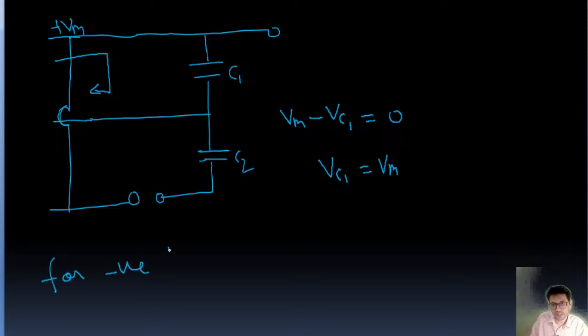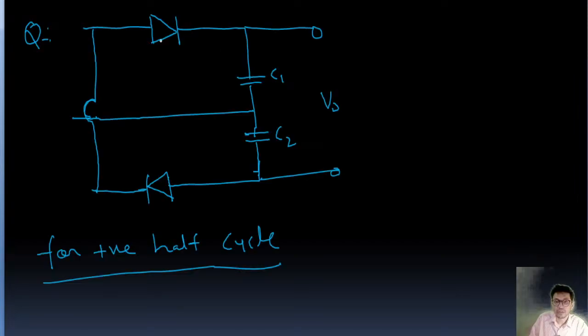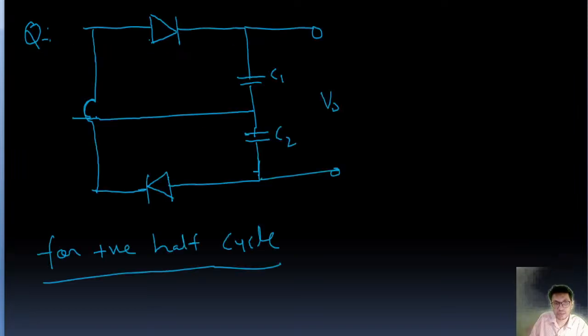For negative half cycle, you can see negative is given, so this is going to be reverse bias and this is going to be forward bias, right? So the figure is going to be like this. Minus Vm we have given. And this is forward bias. This is going to be reverse bias for minus.